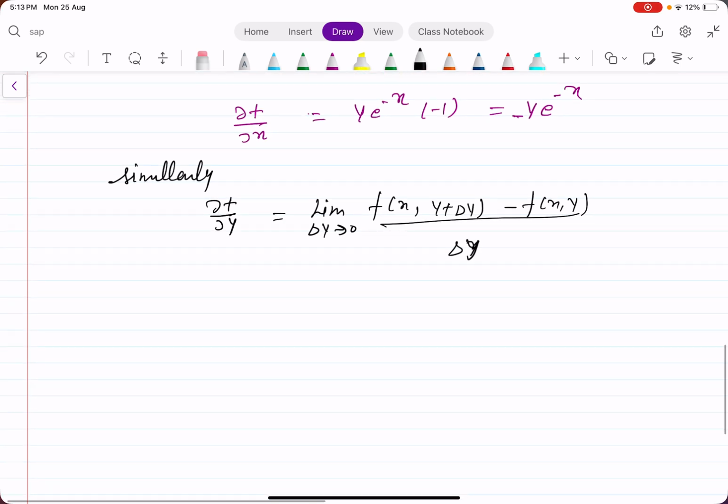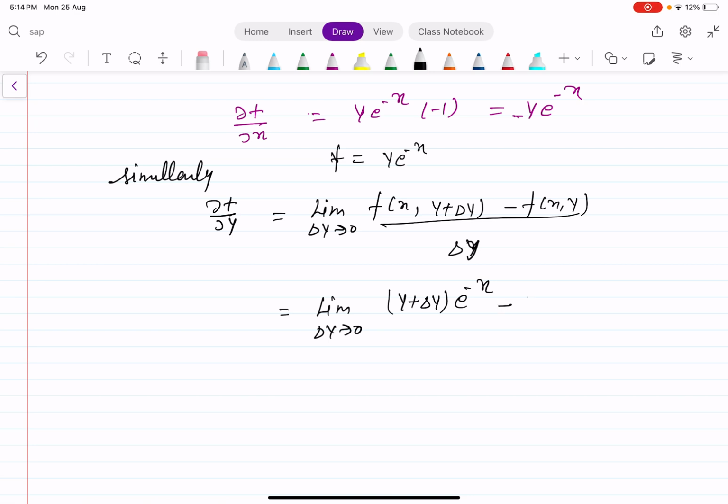Here f is y e raised to minus x, so we get (y plus delta y) e raised to minus x minus y e raised to minus x.